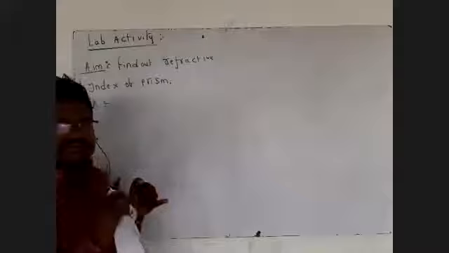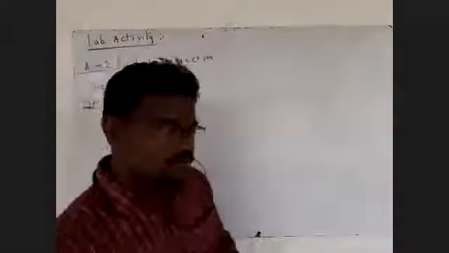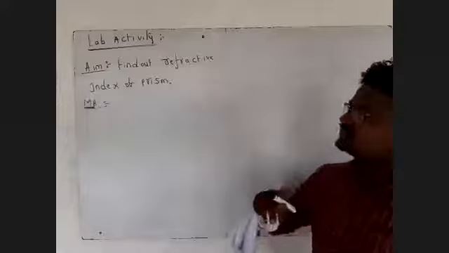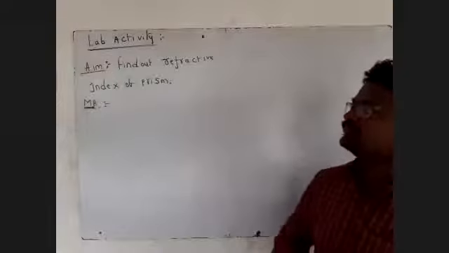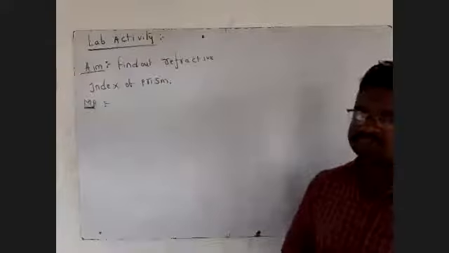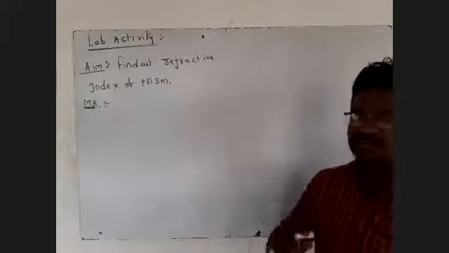First of all, here we find out the refractive index of the prism. So we consider a drawing board, next a white chart, next a prism, next a pencil, scale, eraser, and pins.